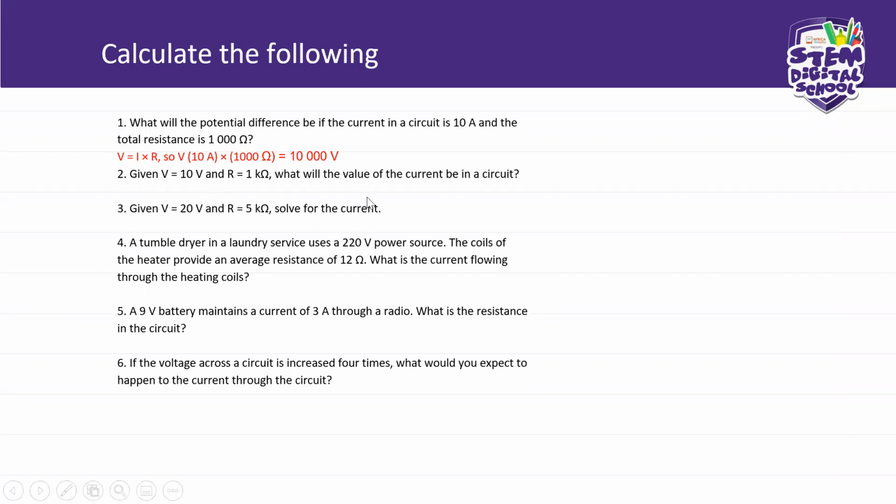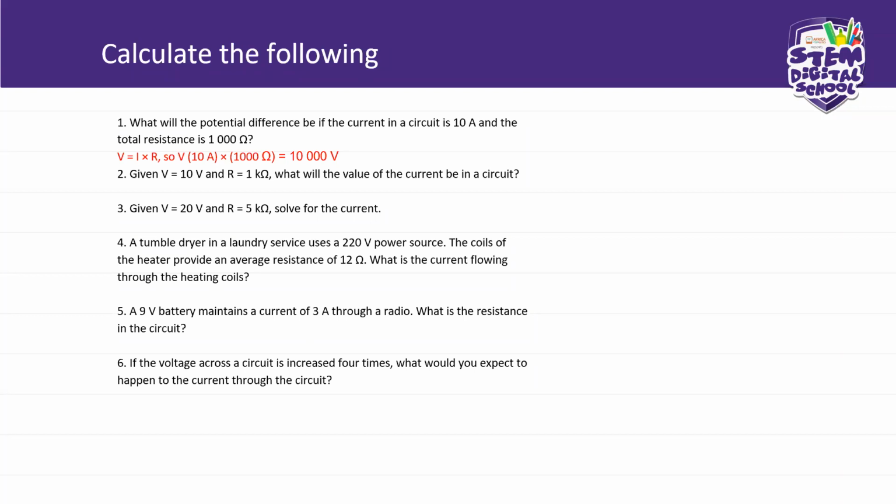So what is your formula? Current equals what? Yes, voltage divided by resistance. Divide. Voltage divided by resistance.